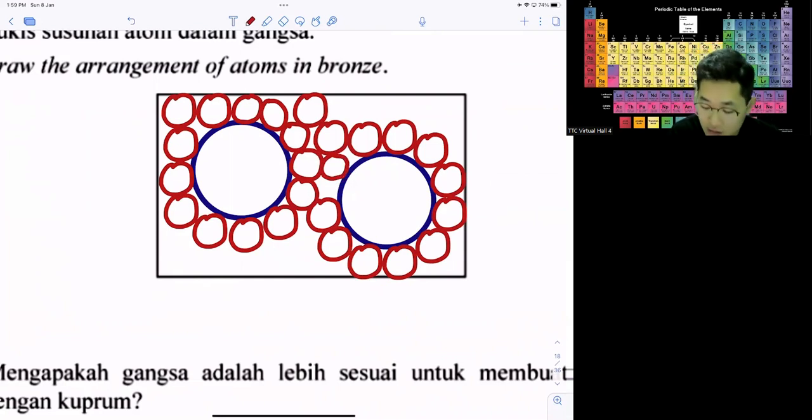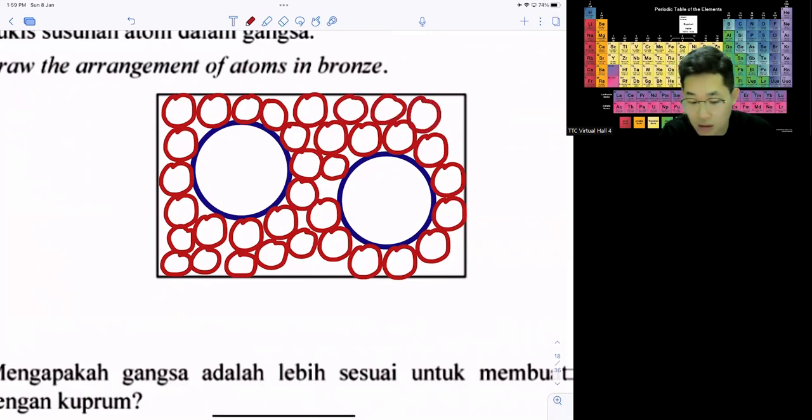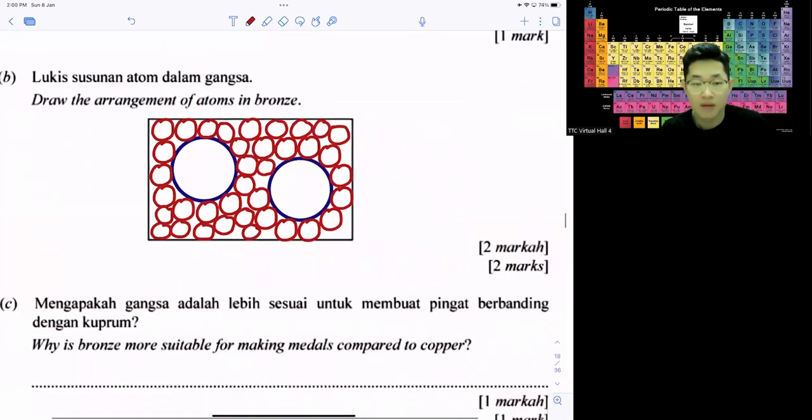Like that, then fill up some of the space here. Like that, then can already.